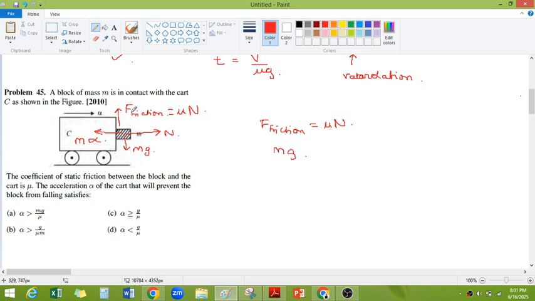Only when the friction is equal to this one or more than this one. So the friction has to be more than or equal to mg. So I can put mg here, mu into N, and N has to be equal to m alpha.